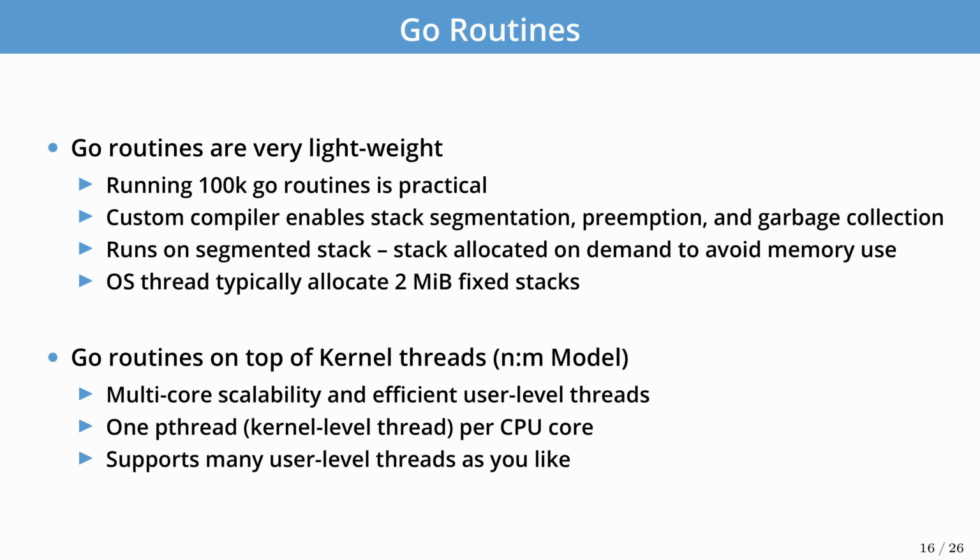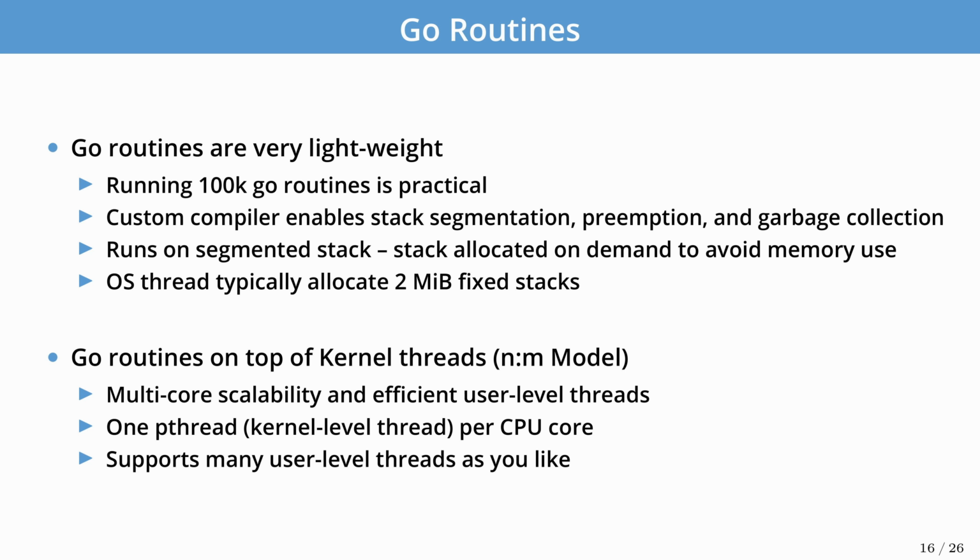The implementation is pretty complicated and depends on a lot of features that the Go runtime provides. The compiler allows applications to use what's called stack segmentation, which helps with preemption and garbage collection at the same time. The Go routines are running on this segmented stack, and what that means is that the stack is allocated in really small chunks.